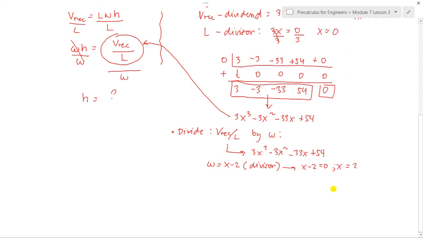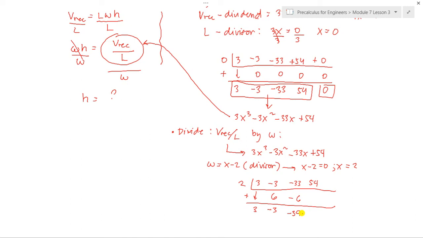So in synthetic division, we write the coefficients: 3, negative 3, negative 33, and then 54, with 2 on the side. Then do the operation. Bring down 3, multiplied by 2 is 6. Add: negative 3 plus 6... negative 3 multiplied by 2 is negative 6. Add, we have negative 39.